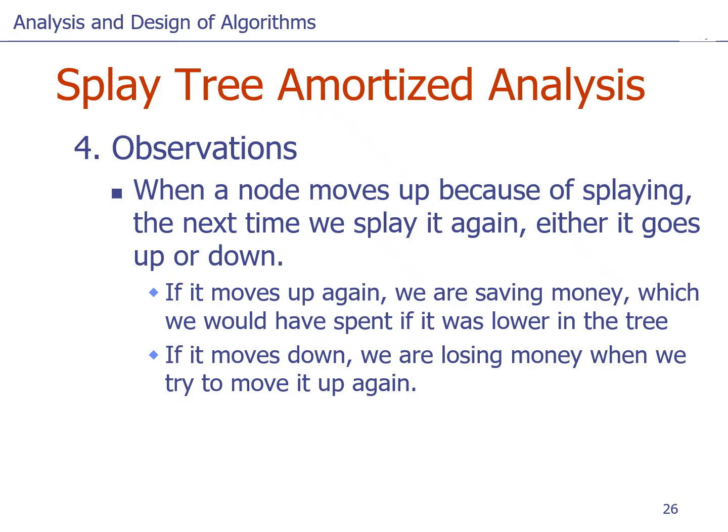In the case of the 5, this was an extreme example because if I splay 5 and it becomes the root, then the next time I will never be able to move it up. If I splay 10, it will move down. But if you think of the fact that when we splay a node, all the nodes along its path from that specific node to the root move slightly upward, that means we are making all of them closer to the root, which means we are making them easier to move or less expensive to move later on because we've just pulled them up a little bit as we splay the node we're interested in.